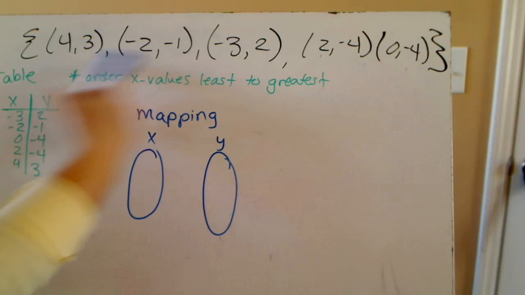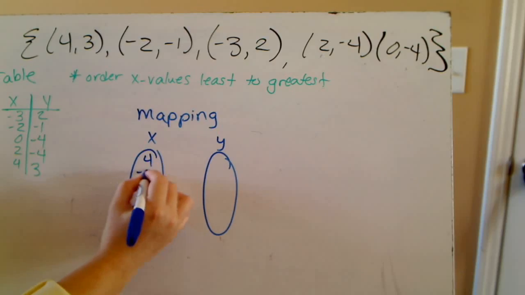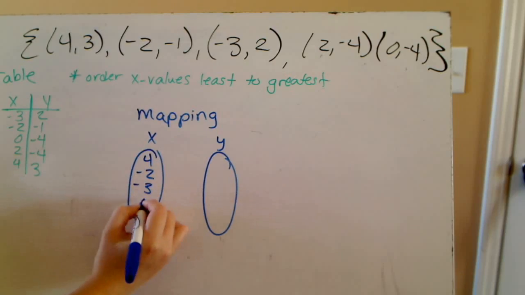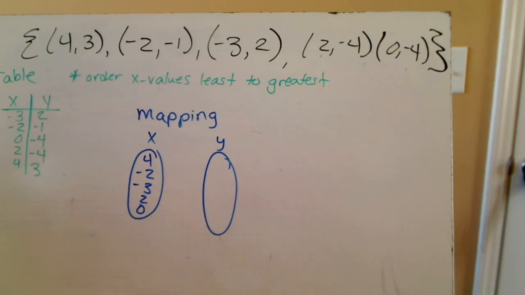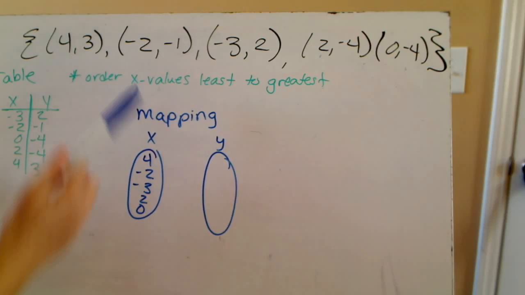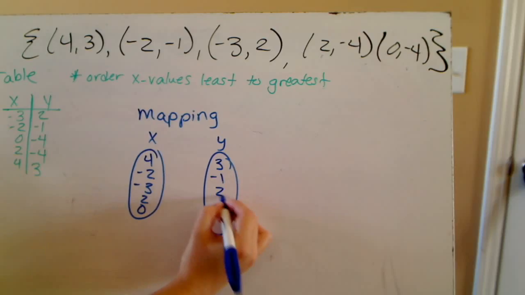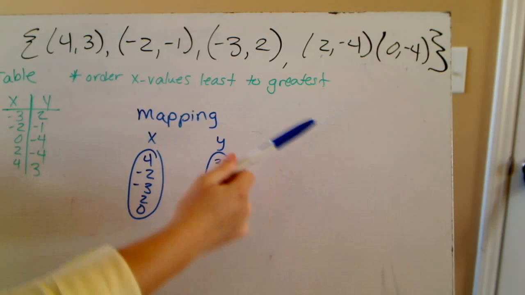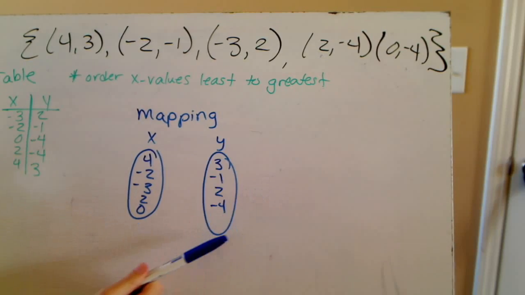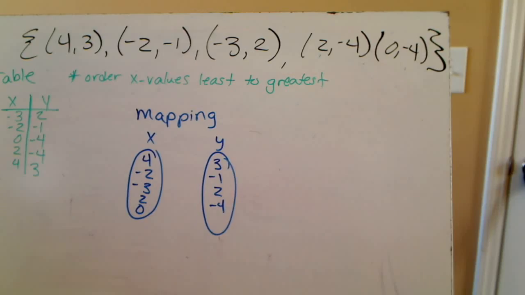So I'm going to go ahead and just go down the line. 4, -2, -3, 2, and 0. And then on the other side, I'm just going to go down the line with the Y values, not repeating any ones that repeat. 3, -1, 2, -4. The last one is -4, but since we already have it here, I'm only going to write it once.